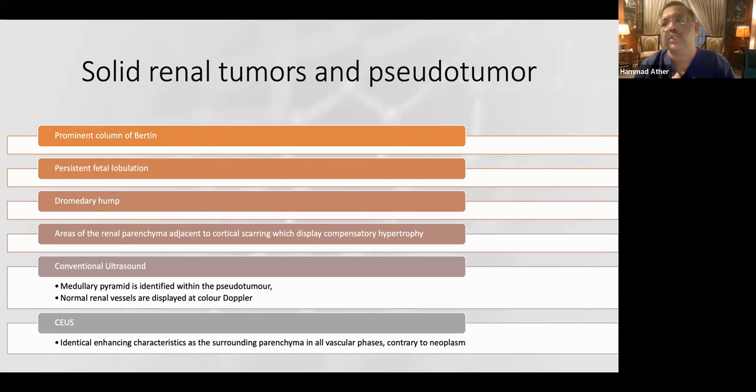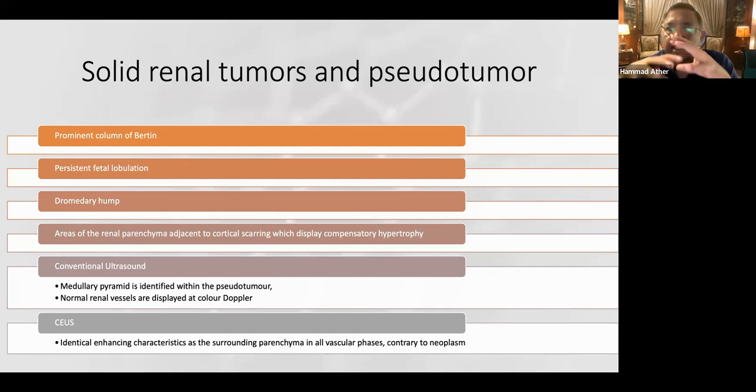Another important area that we have initially talked about in which contrast-enhanced ultrasound can be of help is differentiation of a solid lesion, which looks suspicious on an ultrasound or at times even CT scan or MRI scan, from a pseudolesion. So pseudotumors like prominent column of Bertin, persistent fetal lobulation or dromedary humps, cortical hypertrophy in areas which have cortical scarring.